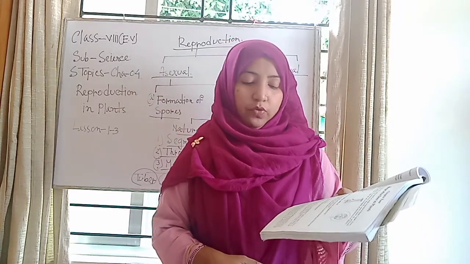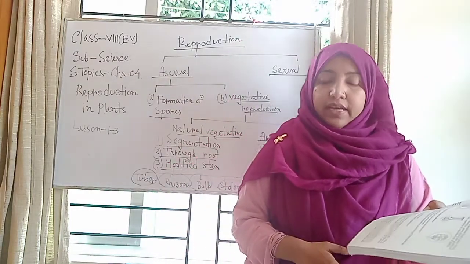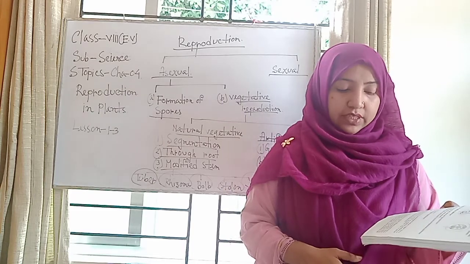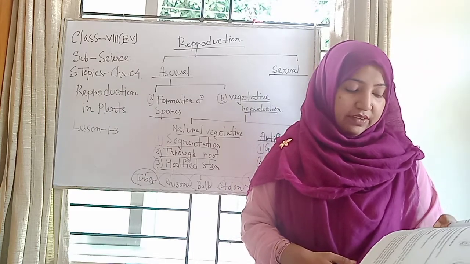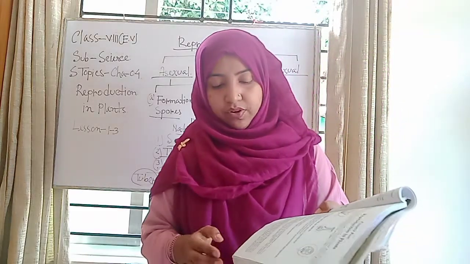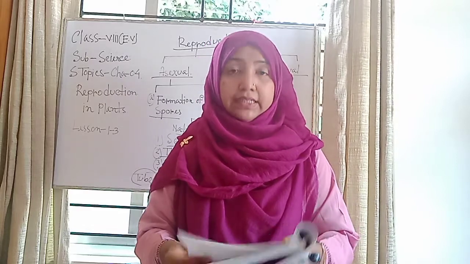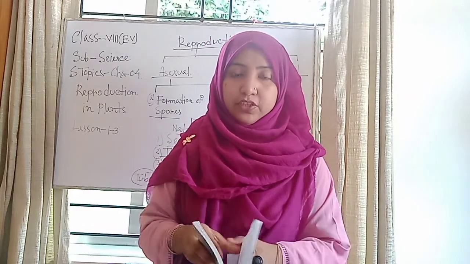The offspring will be exact genetic copies of the parent. Asexual reproduction is mostly found in lower graded living beings. It is of two types: spore reproduction and vegetative reproduction.